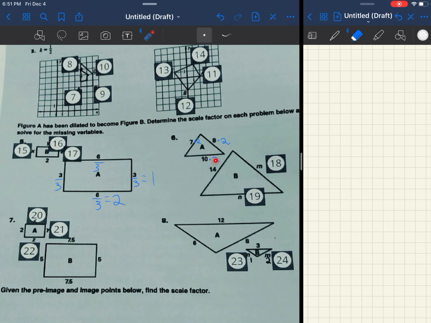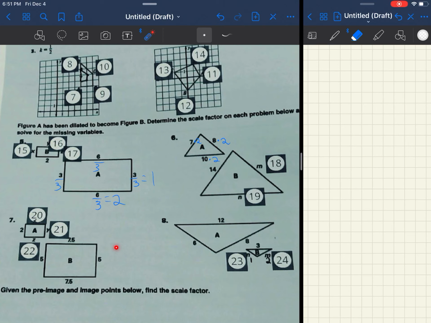So the bottom over here is 20. The answer to 19 is 20. And right here, I have 8 times 2. 8 times 2 is 16. So this side over here is 16. The answer to 18 is 16.